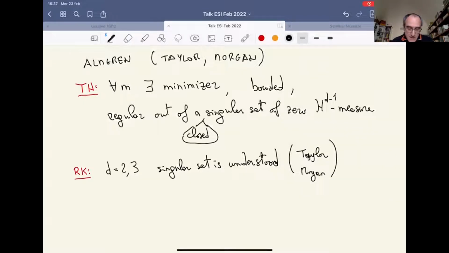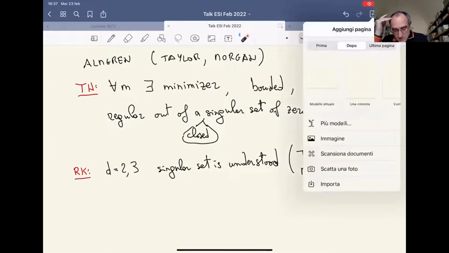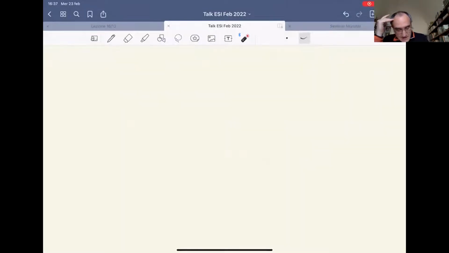Essentially the theorem of Almgren has two parts. One is existence, which is essentially a compactness argument. The second part is regularity, where I also include boundedness, because boundedness is a weak but basic regularity step. Let me briefly mention the strategy for existence.